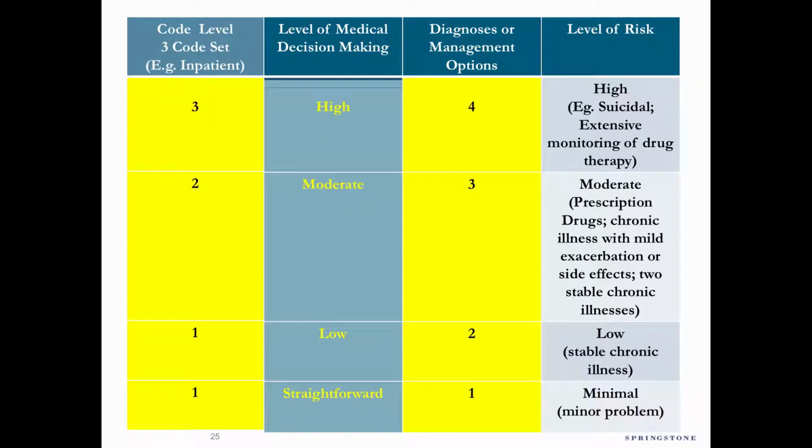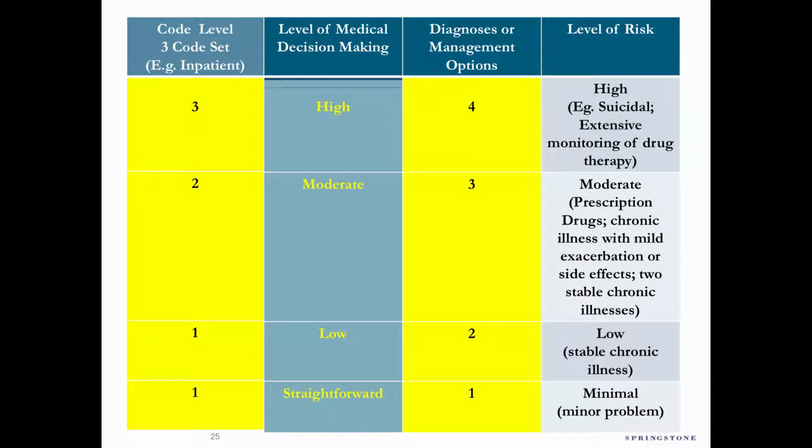So in code sets like inpatient, where there are 3 levels, if you need a high level of medical decision making, because you're billing level 3, then you need 4 management options. If you're billing at a level 2, you need 3. So for code sets that have 3 levels, you go up 1 number from the level of the code to determine the number of management options you need.